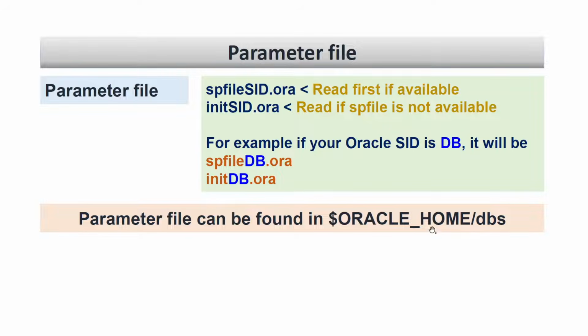Now, remember one thing: if you have both of these files, Oracle will read the spfile. If the spfile is not present, it will read the init file. So let me repeat: if both parameter files are present, it will read only the spfile. If the spfile is not there, it will read the init parameter file.